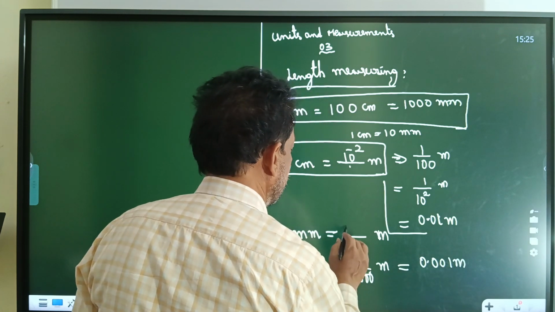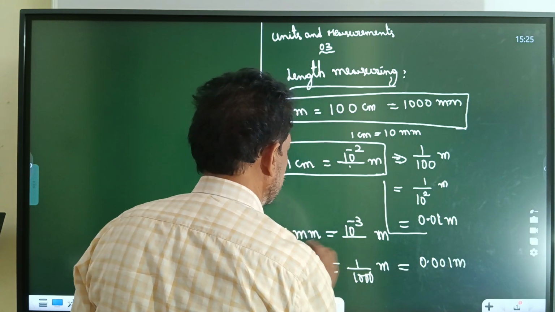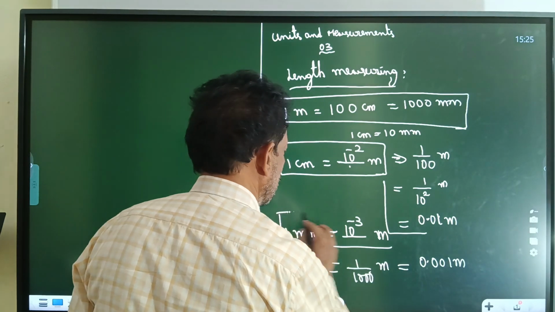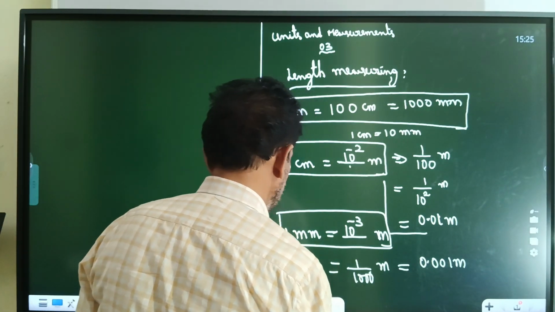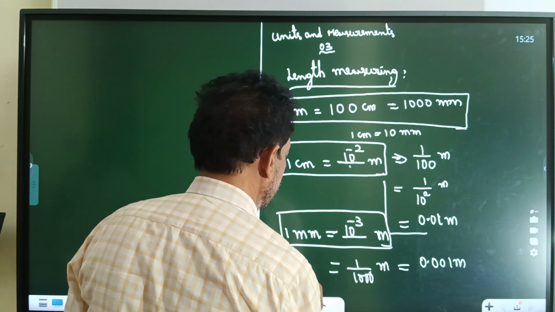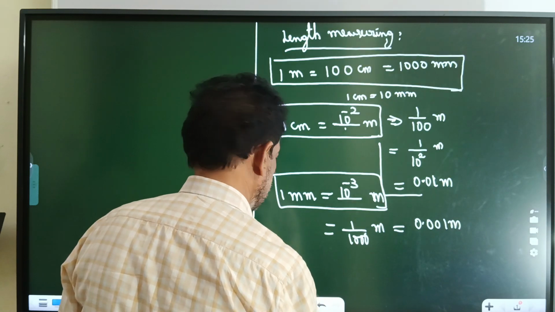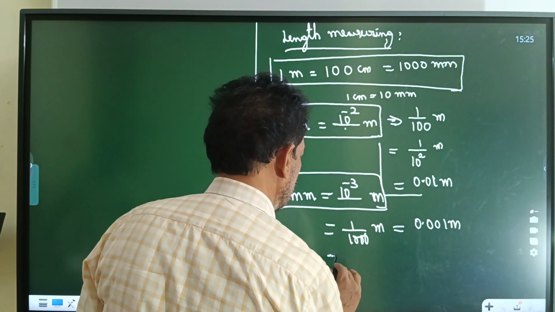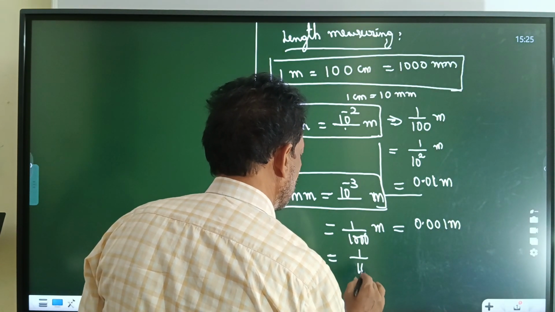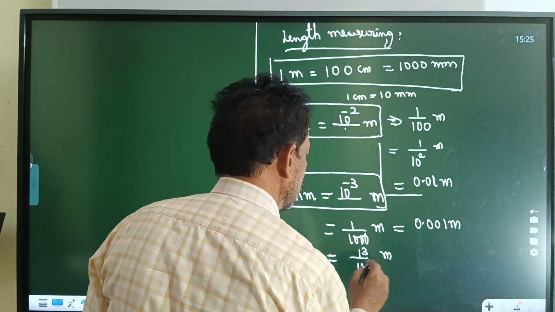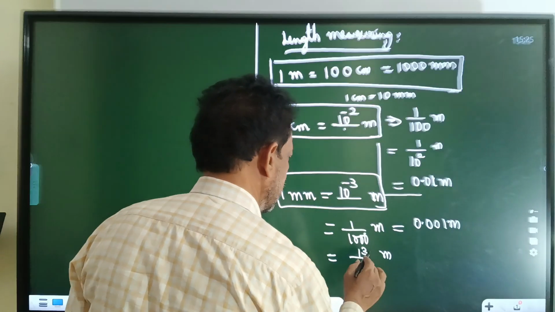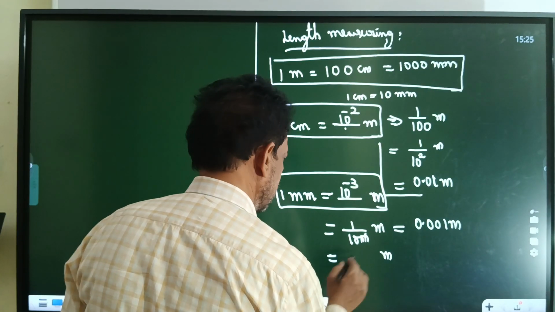Then simply I will write 10 to the power of minus 3 meter. So 1 millimeter is equal to 10 to the power of minus 3 meter, that is 1 by 10 cube meter.